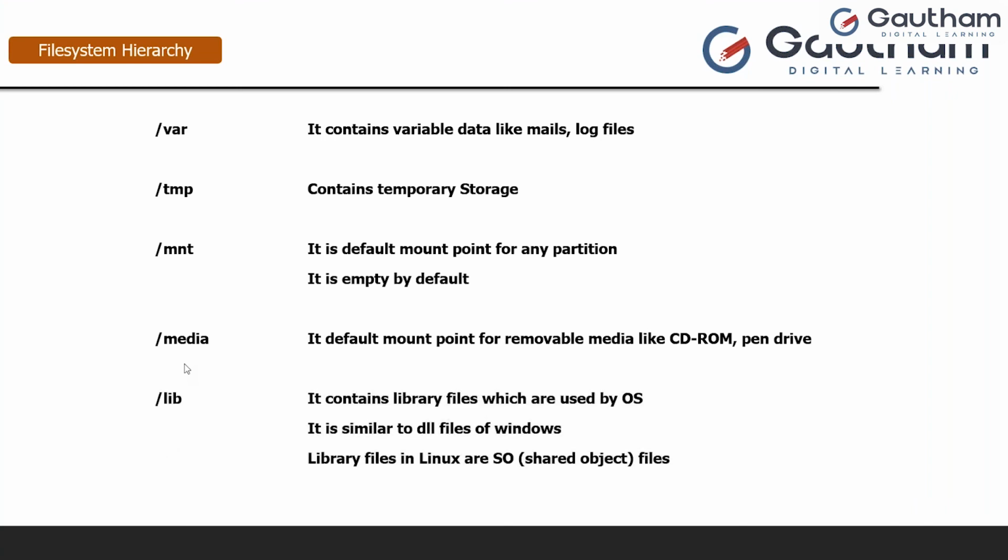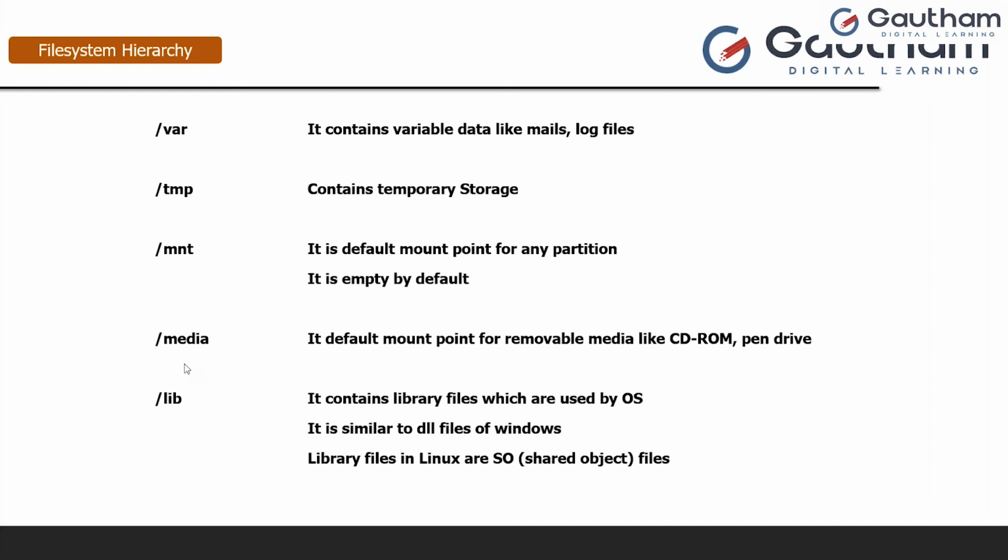Now the last directory we are going to talk about is lib. Lib contains library files. See guys, we studied in our previous lecture that normally Unix and Linux kernel is designed on C language. Even the softwares we use are designed in different languages like C language, Java, Python.